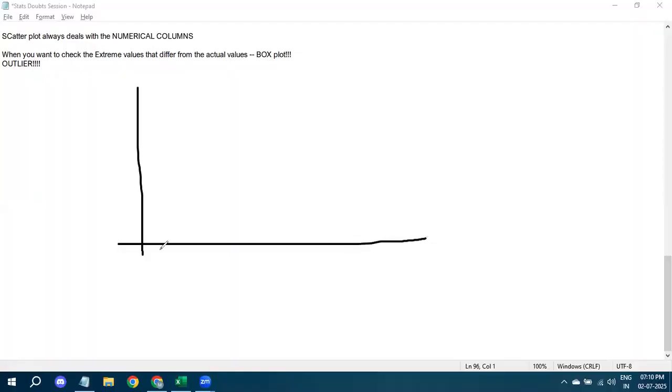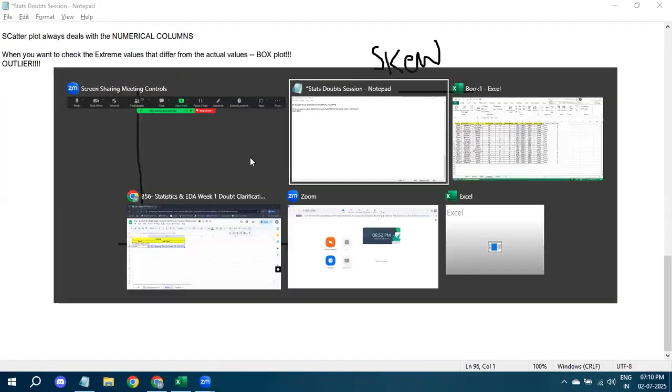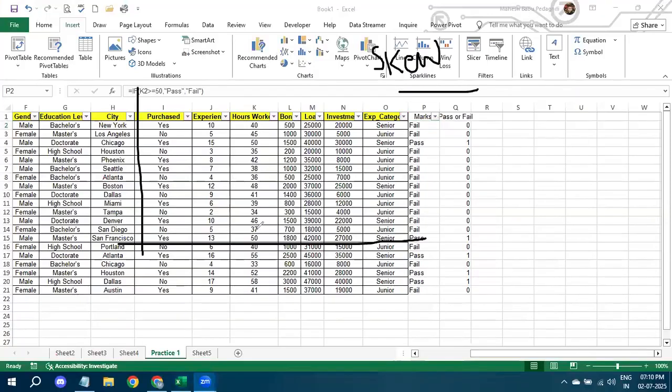Skewness and kurtosis. See, what does skewness mean? Skewed data. Now, I conducted an exam, guys. Let me show you how. Before that, let me remove all the drawings.